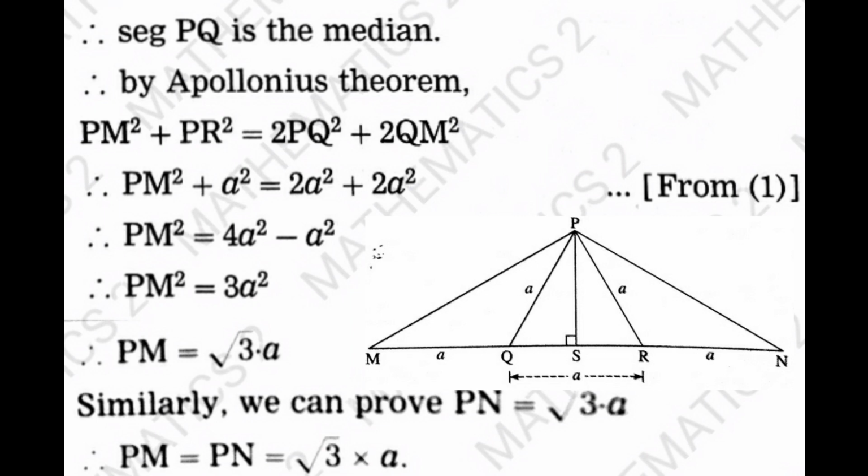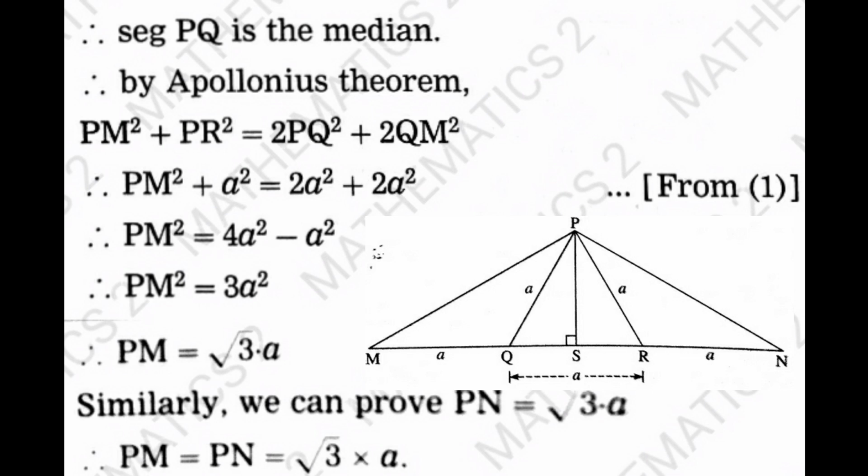So by Apollonius theorem, PM square plus PR square is equal to 2PQ square plus 2QM square. Substituting the values, PM square plus A square is equal to 2A square plus 2A square. So I will get PM square plus A square is equal to 4A square. So PM square is equal to 4A square minus A square. PM square is equal to 3A square.